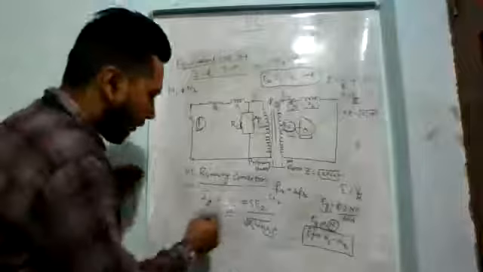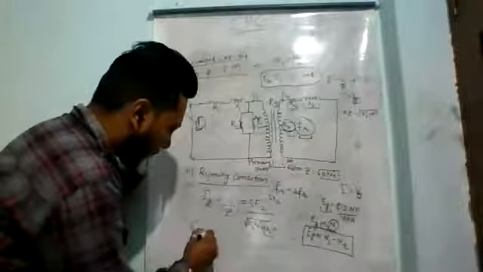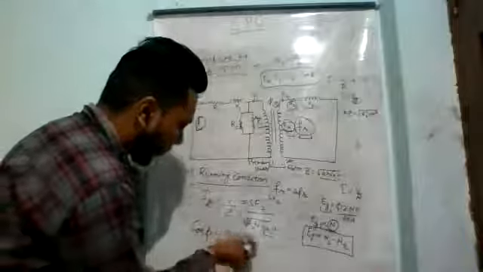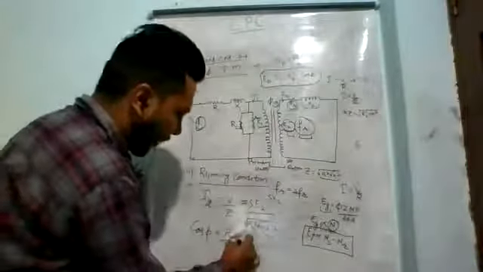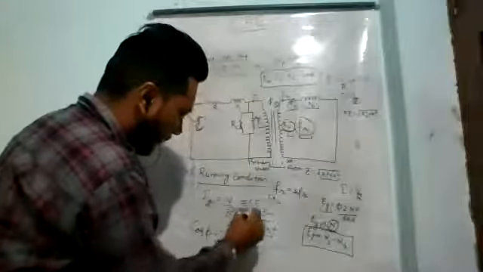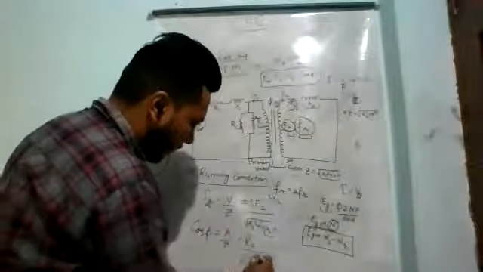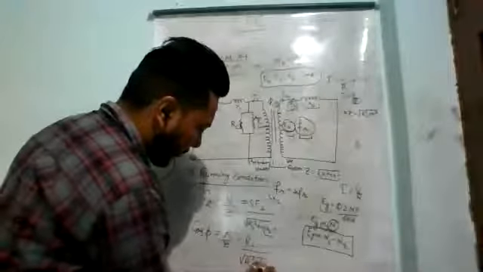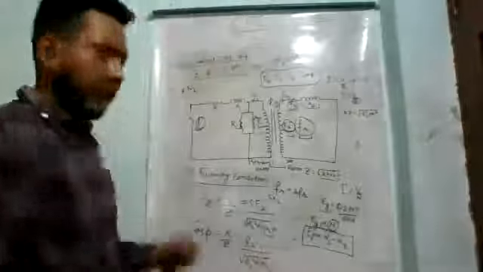The power factor is the ratio of resistance to impedance at the secondary side. Here the resistance is R2 and Z is the square root of R2 squared plus S X2 squared.